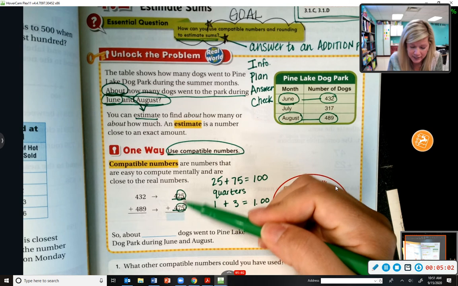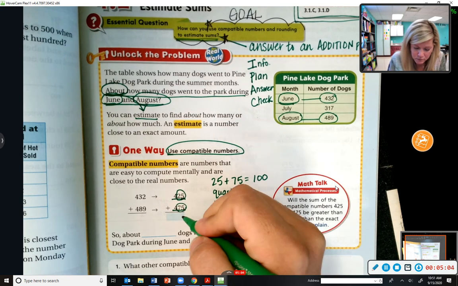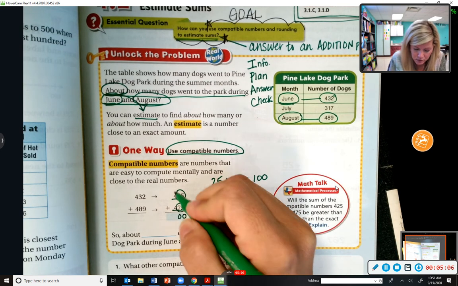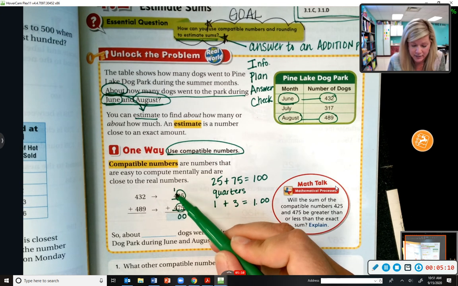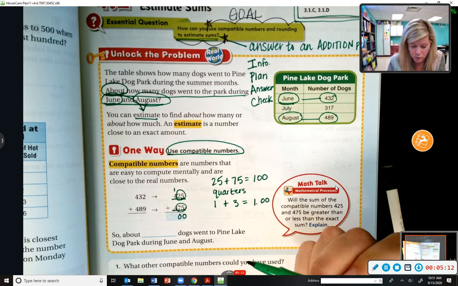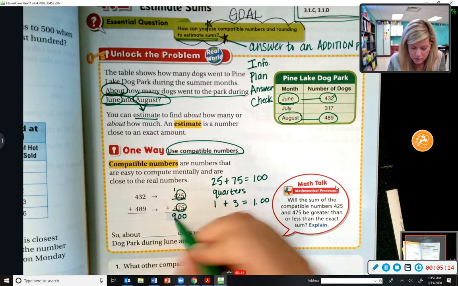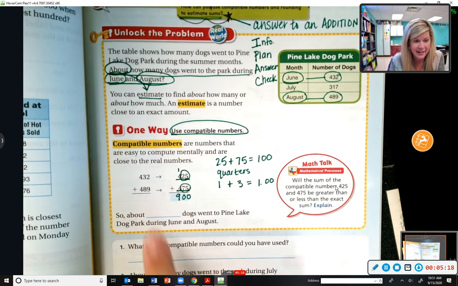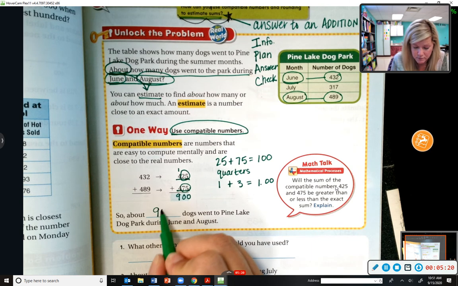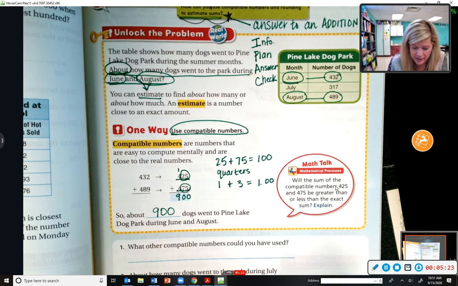Now I can quickly add these up. Don't forget to carry. We have a 1 plus 4 plus 4. 900. So, about 900 dogs went to Pine Lake Dog Park during June and August.